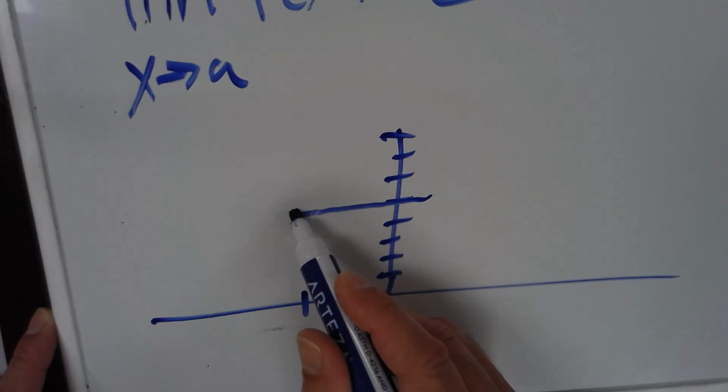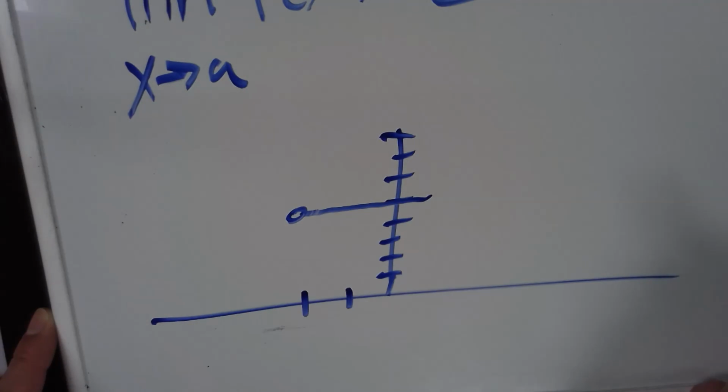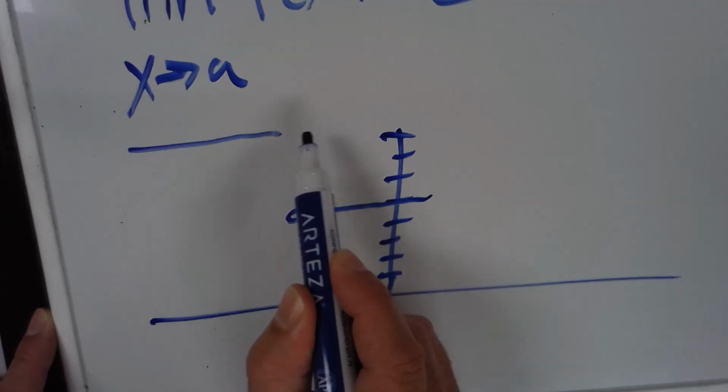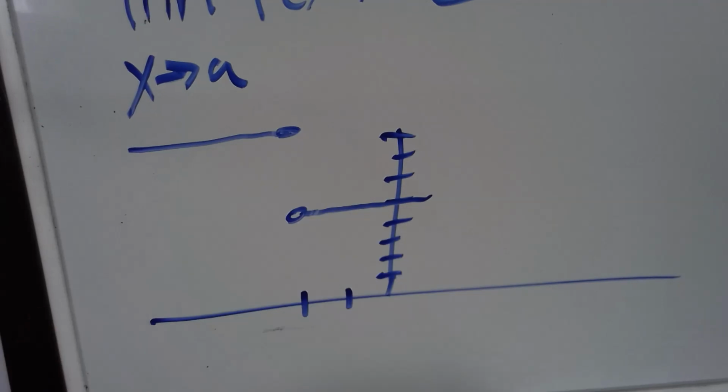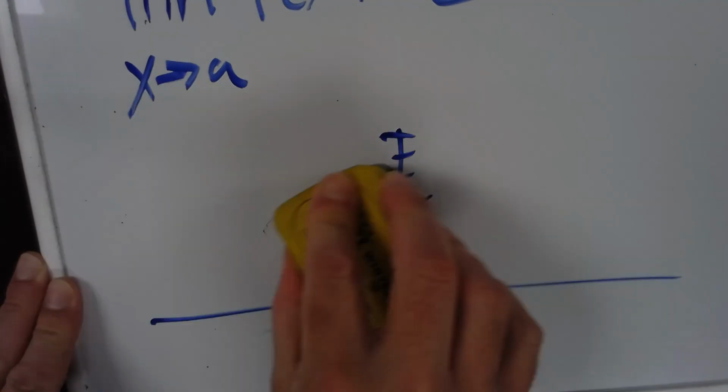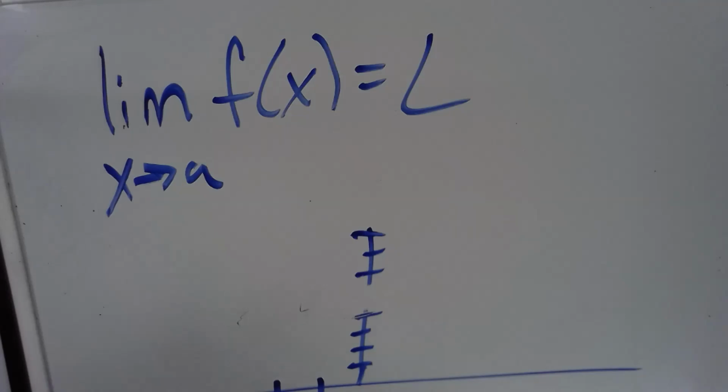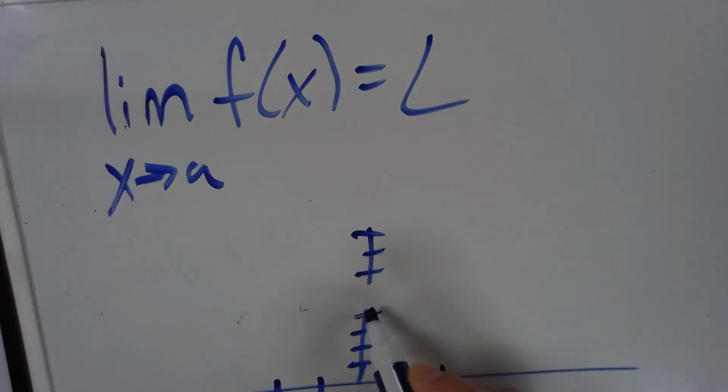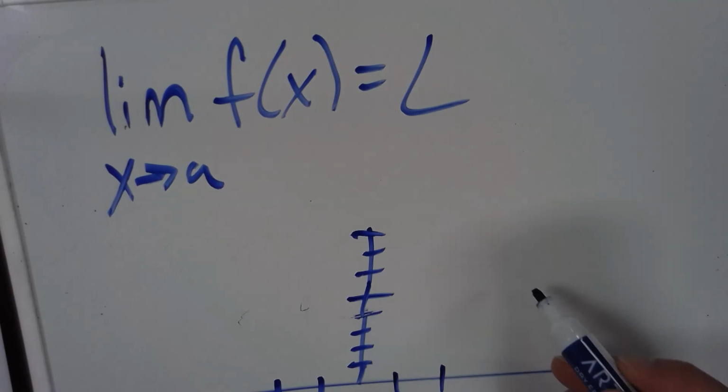Well, I think it's telling you we're approaching positive 2. Oh, they're telling us positive. Okay, sorry. So all the information is from positive 2? Yeah. Okay. So from the right, it's at 5, and from the left, it's at 8.